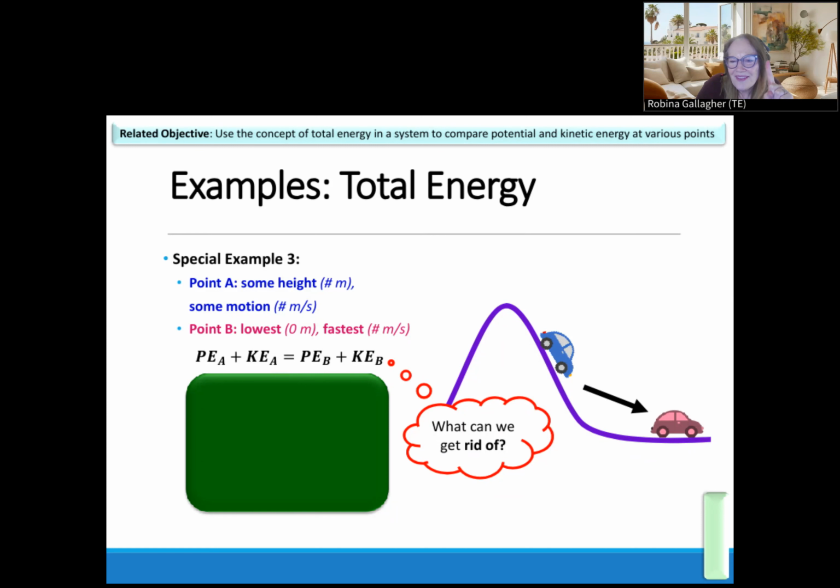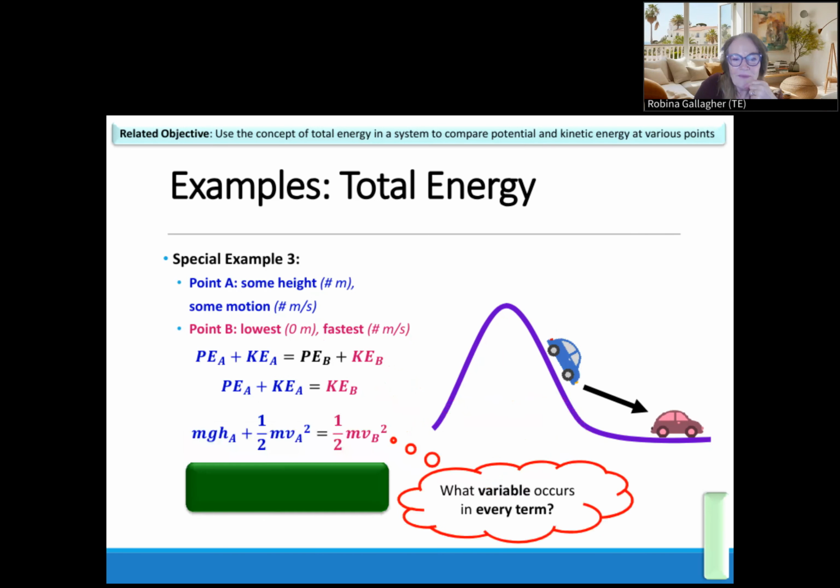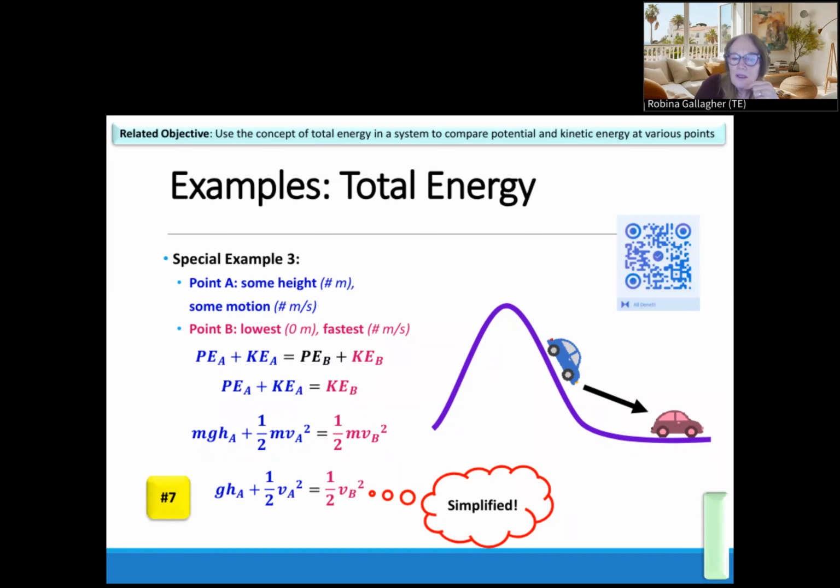Yeah, no potential energy at the bottom of the hill. Does it have kinetic energy at the bottom of the hill? Yes. Excellent, good job. And so at the bottom of the hill, this is what type of formula you would use.